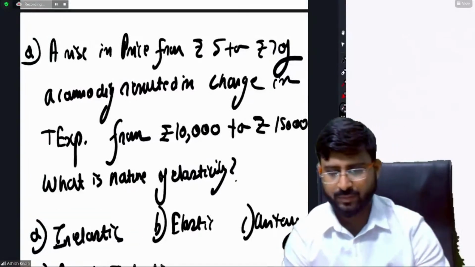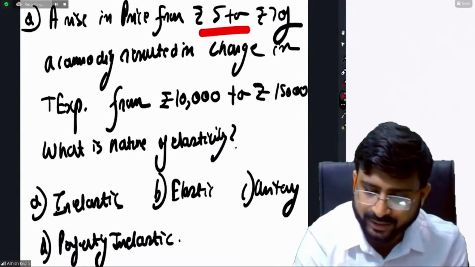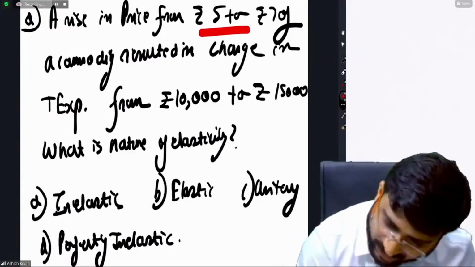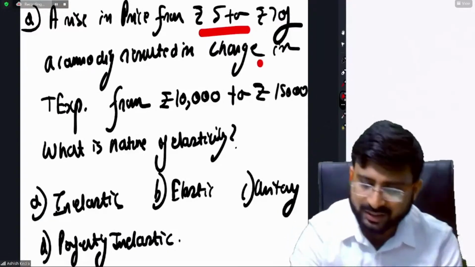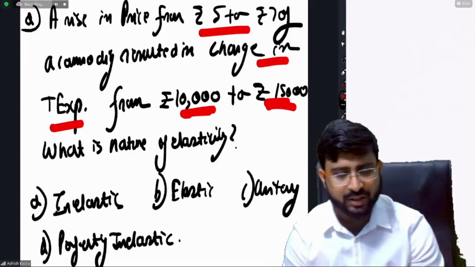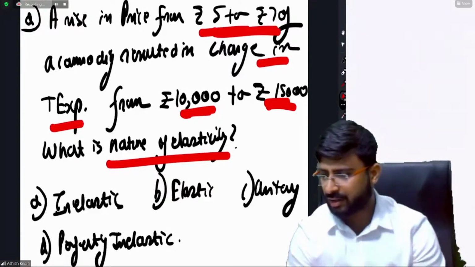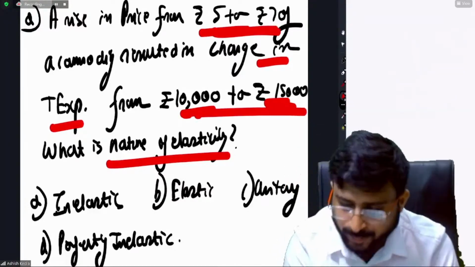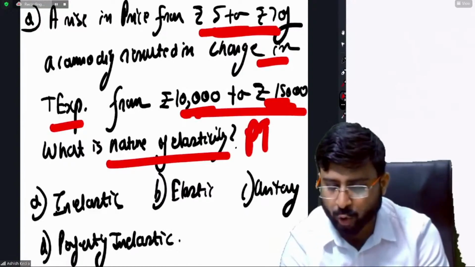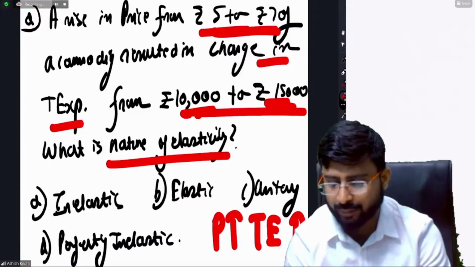Next question. Friends, my question is, a rise in price from rupees 5 to rupees 7 of a commodity resulted in change in total expenditure from 10,000 to 15,000. What is the nature of elasticity? So you see price has risen, and total expenditure has also increased. जब प्राइस और टोटल एक्सपेंडिचर एक ही डायरेक्शन में जाता था तो याद करिए डिमांड को क्या बोलते थे.